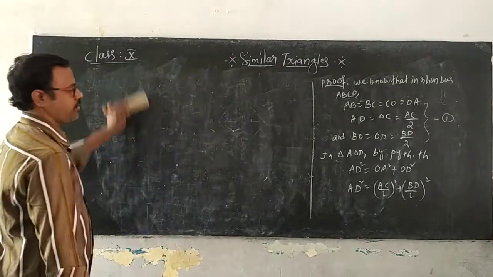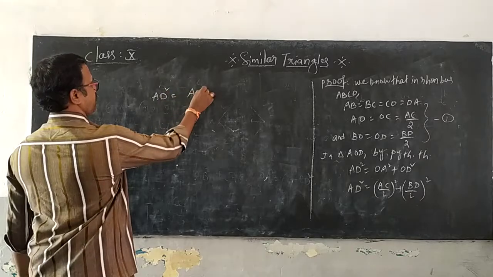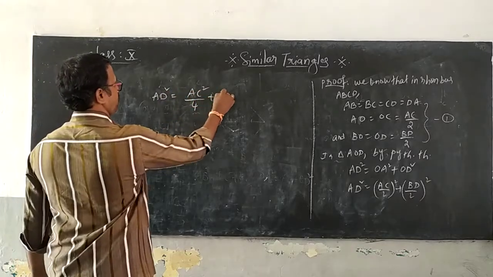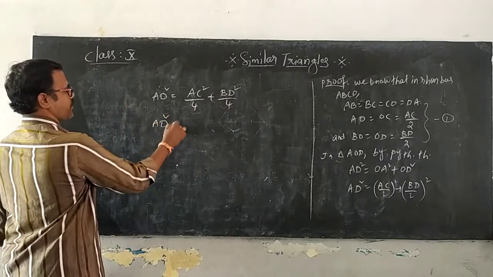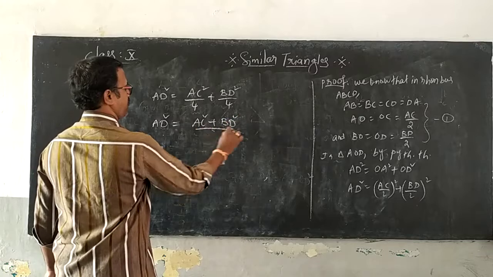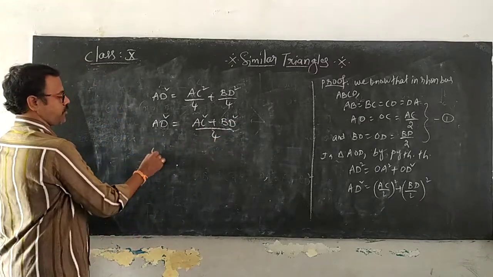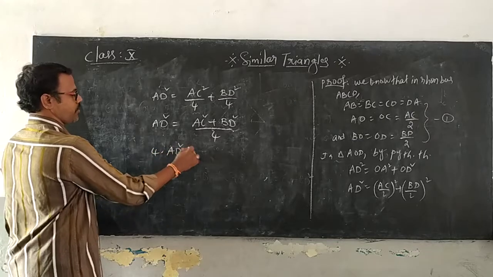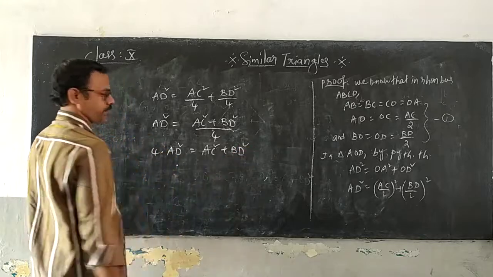Now look here. AD square is equal to AC square by 4 plus BD square by 4. Now AD square is equal to AC square plus BD square by 4. We have taken the LCM. Now cross multiply this 4. 4 into AD square is equal to AC square plus BD square.